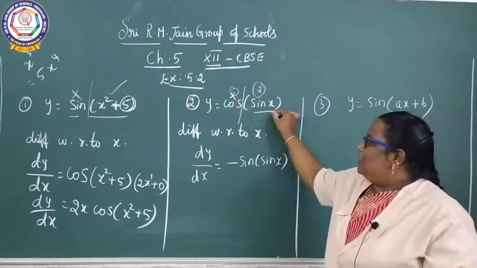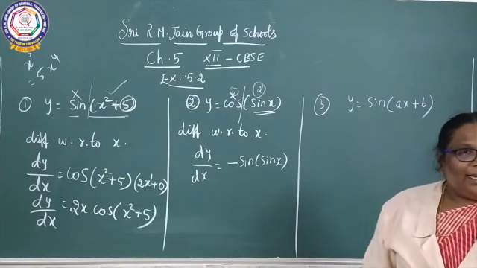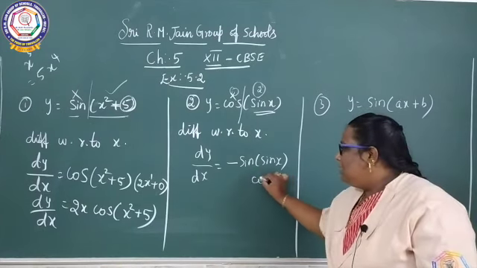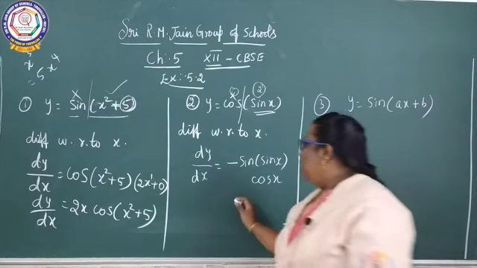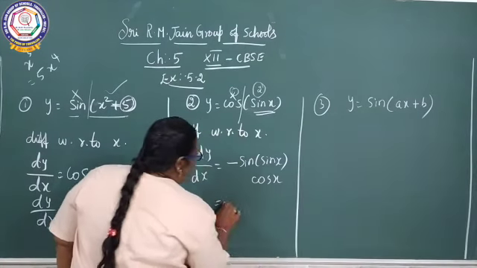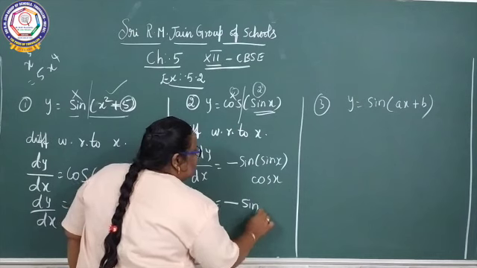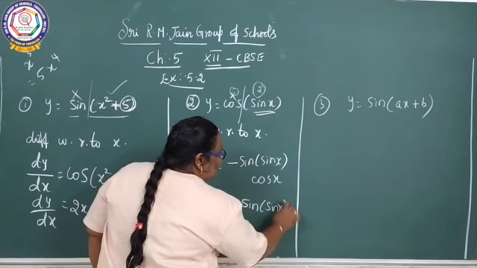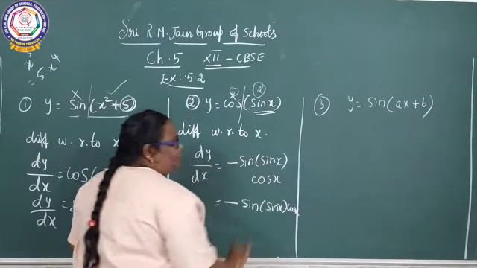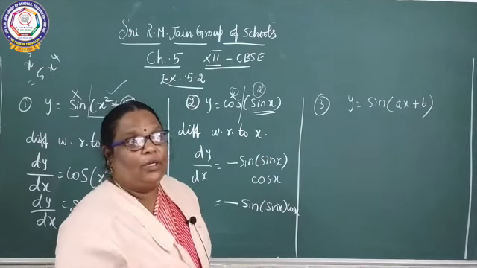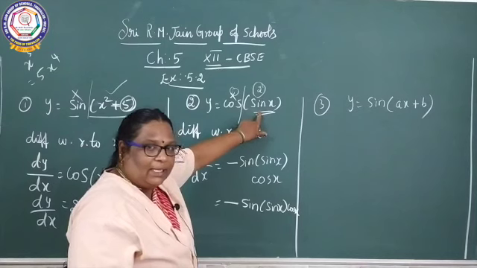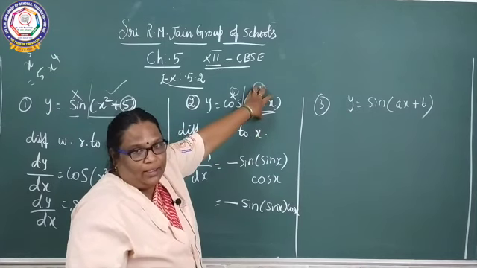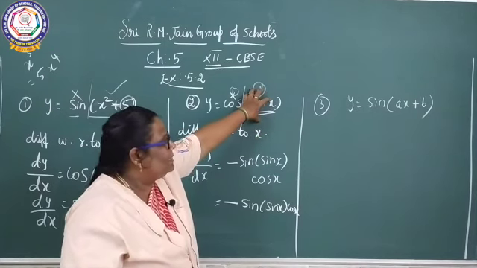Then you differentiate this. What is sin x? Differentiation of sin x is cos x. So what is the value? It gives minus sine of sin x into cos x. See here, cos of x, that x part is nothing but sin x.